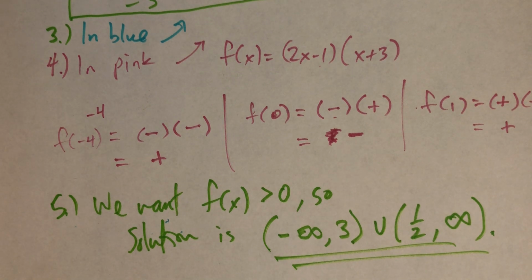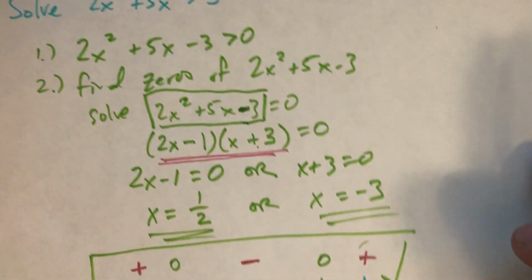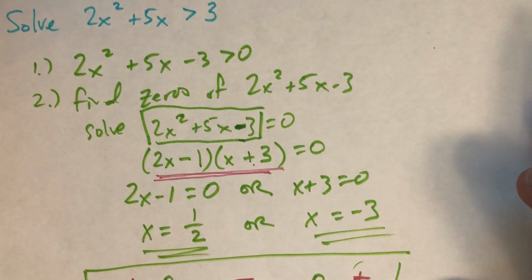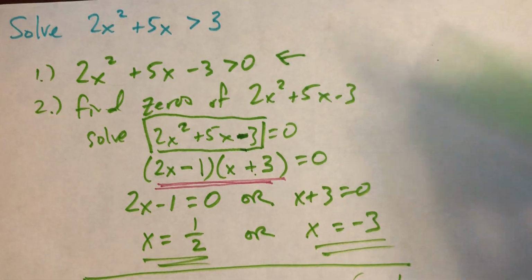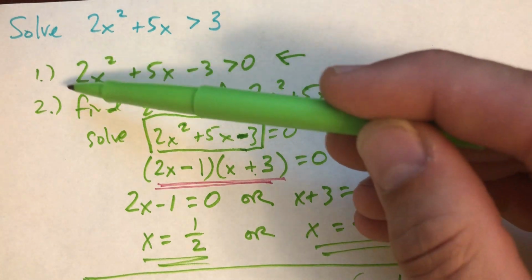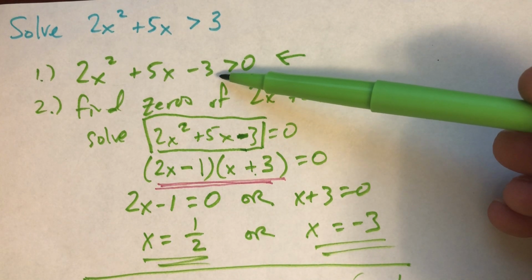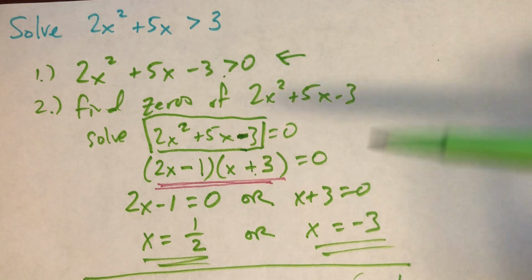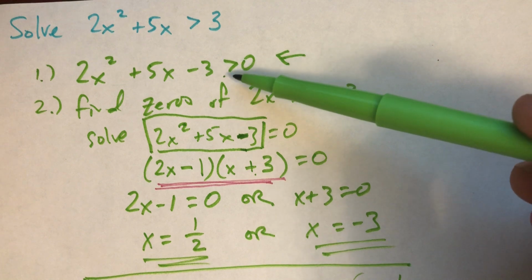Let's talk just a little bit about what we're doing in a slightly different way, maybe. So graphically, why this is working is that when we're here, we want to know where is this function, which we know if we drew a picture of this, it's a parabola, right? So we wanted to know where is the parabola above 0.